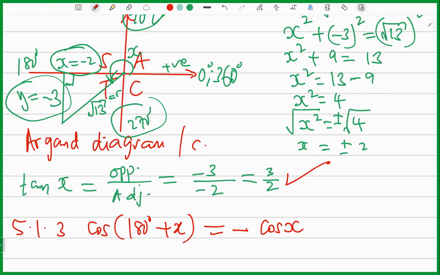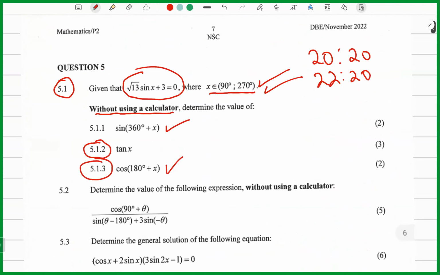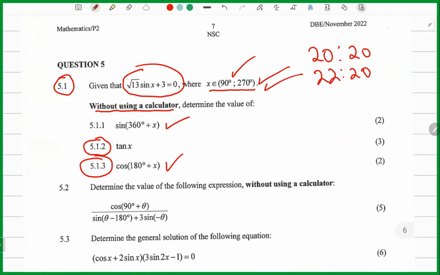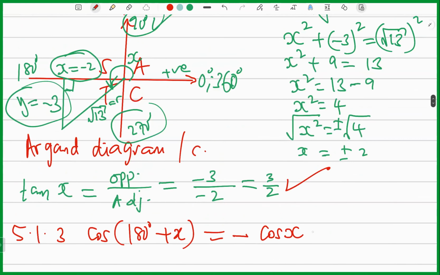After having obtained this, we ask ourselves about the answer here in 5.1.3. Remember that we are actually given this, so we can further simplify and say: you have the negative, and what is cosine x from the diagram?